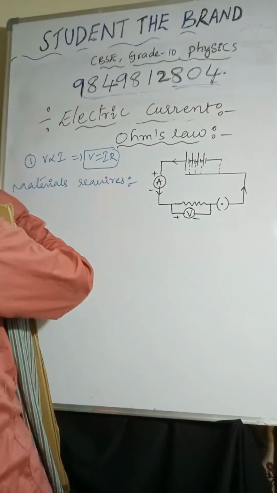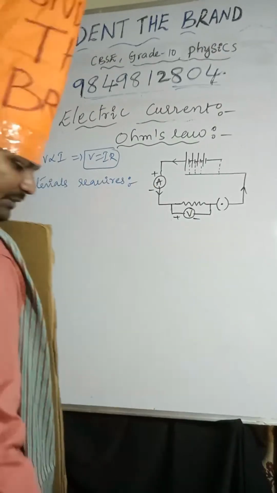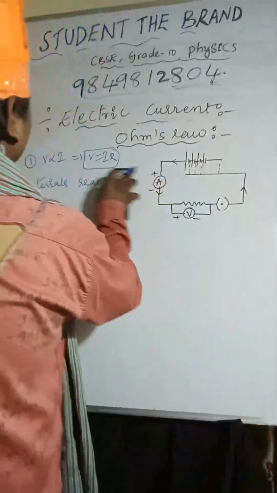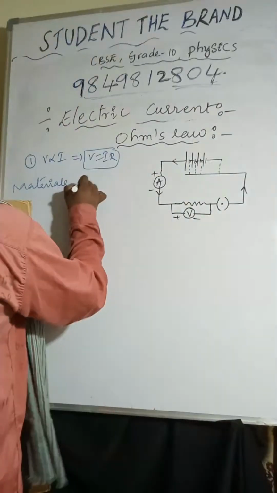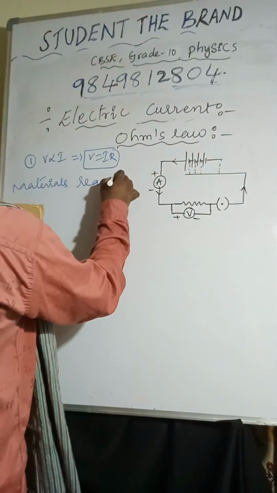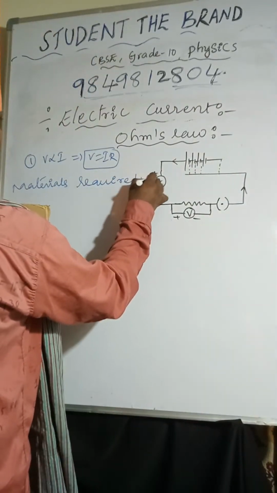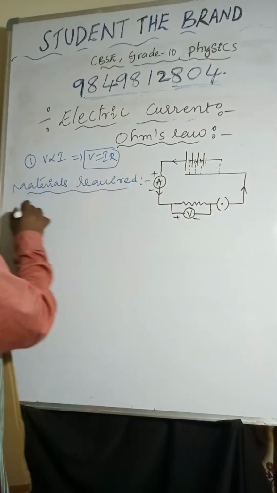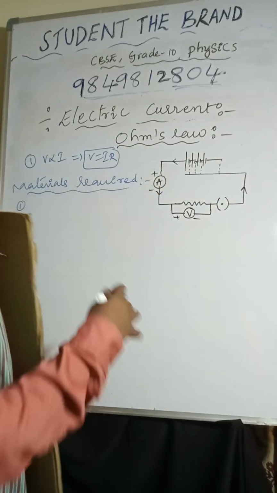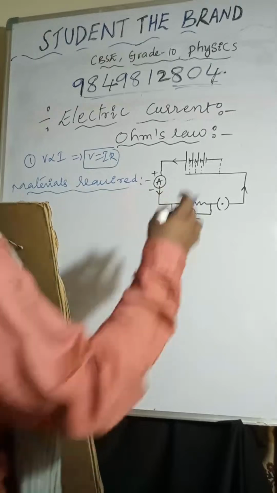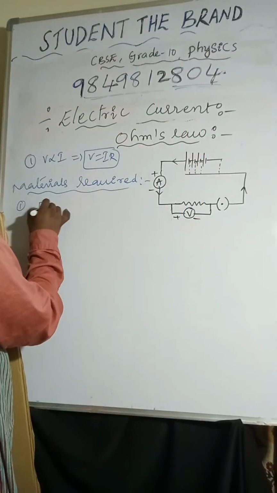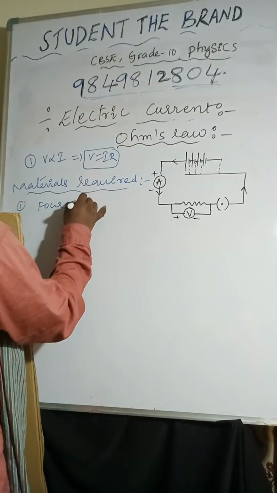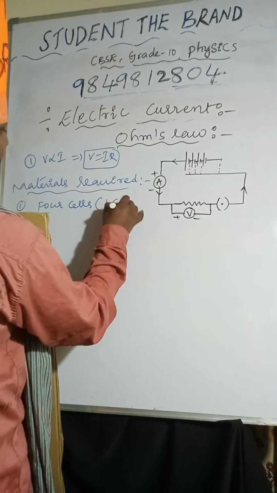Materials required. Point number one, 4 cells. We need 4 cells of 1.5 volts each.